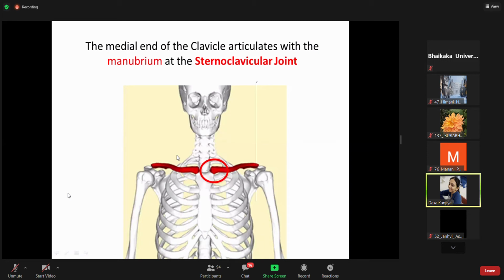So flexion, extension, adduction, abduction, medial and lateral rotation, or circumduction, these movements take place at the shoulder joint. So which movements take place at the sternoclavicular joint? How does the rotation take place at this joint? Conjoint rotation. Somebody has written.